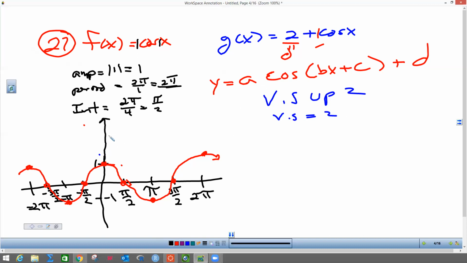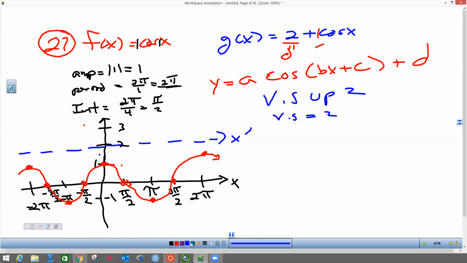Now, it's not really the x-axis anymore. So we have to move it up here, and we make a fake x-axis. This is not really the x-axis. It's supposed to be going through that too, by the way. And we call this x prime. Now, if there was a phase shift, if I had a C in here, I would also have to move the y, but there isn't, so I don't have to worry about it.